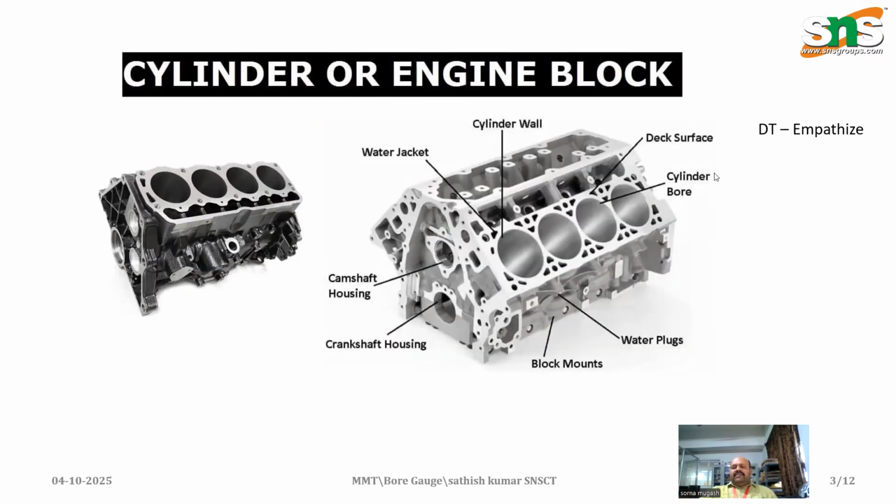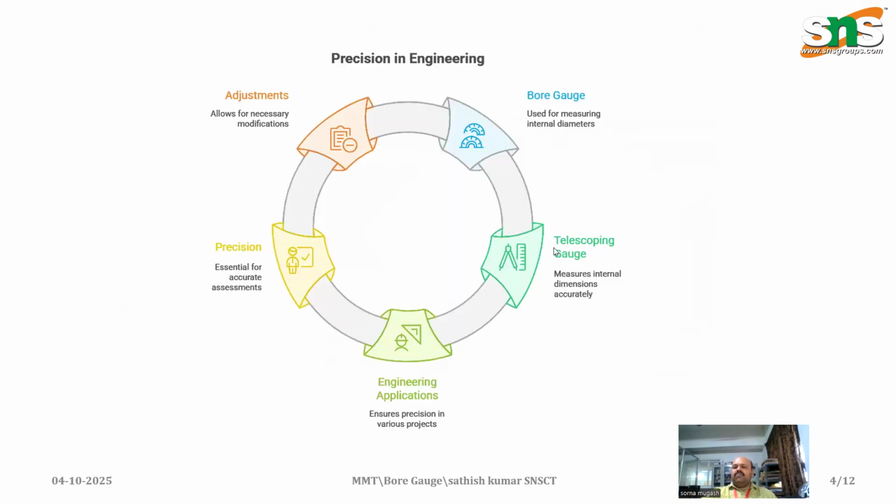Coming to the measurement of this bore from the top dead center to the bottom dead center, for the diameter we use a bore gauge. This bore gauge will be measuring the diameter or comparing with the standard dimensions that are available in the drawing. So internal diameters can be measured using this bore gauge.